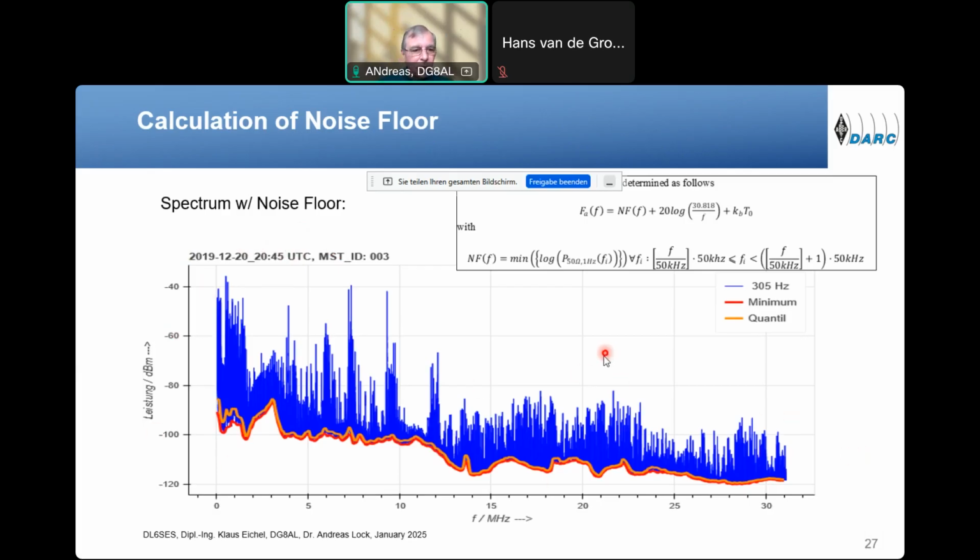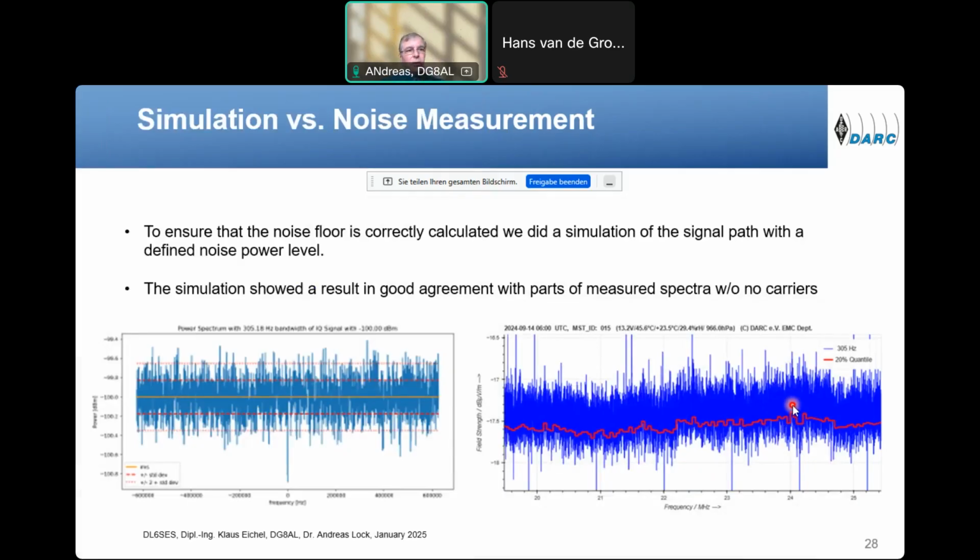You see a typical spectrum. You see the minimum, that's the red line, and if we apply our procedure, that's the 20% quantile, this is represented by this orange curve, and this orange line follows pretty well the bottom line of the noise of the spectrum. Also, to see if our measurement system is showing the right variance, I did a simulation.